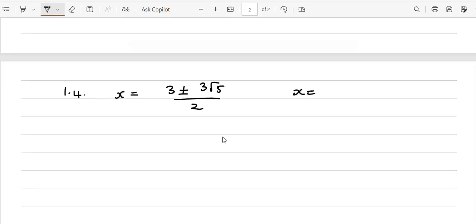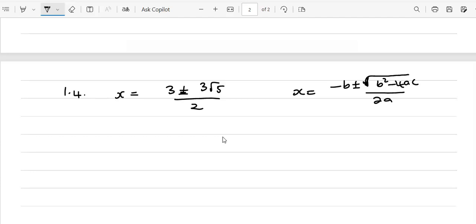If you can remember the quadratic formula, it is in this form, right? So we can see that after the plus or minus sign, we don't have a number. We just have the square root of something inside.